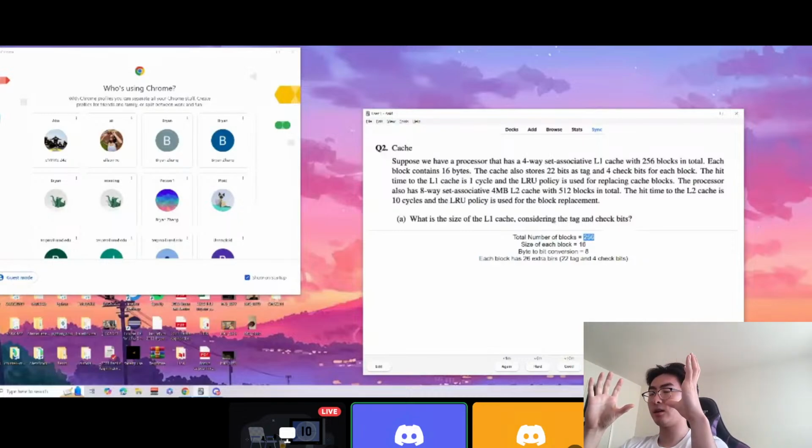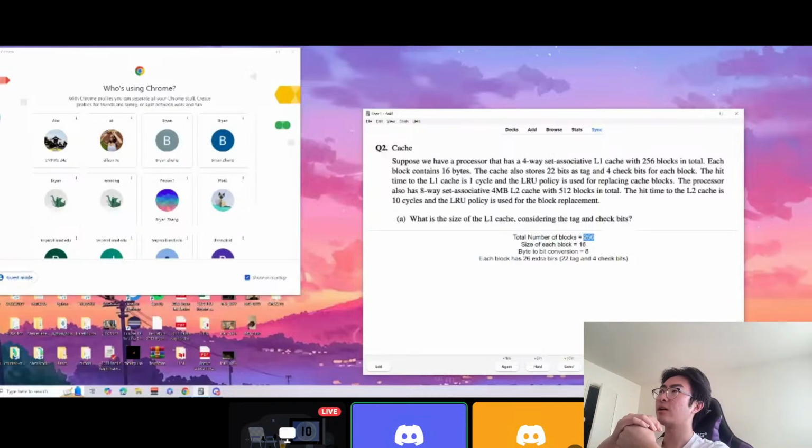I want to say the tag and index are sort of the idea of a cache address. It's kind of like your city and state. I would say probably the state is your index and then the tag is your city.